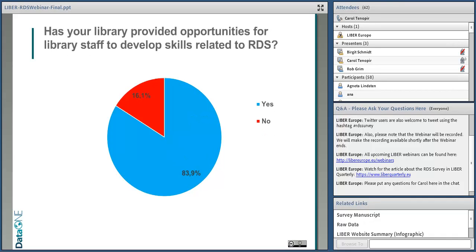Far more common is providing opportunities for current staff to develop research data skills. We found that 84% of the respondents said that this is the tactic they're using in terms of developing RDS. It means that organizations like LIBER have an important role in providing workshops, webinars, seminars, and other kinds of skill development for current staff, because this is by far the most common need for developing RDS.